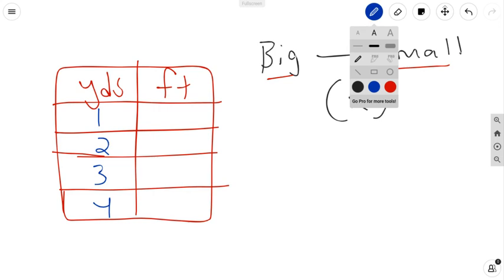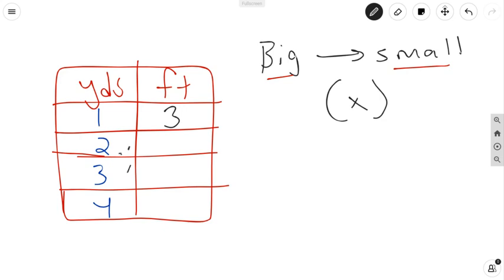Well, I'm not expecting you to know this, but I know that there are 3 feet in 1 yard. So that means I'm going to multiply each of these numbers by 3. 2 times 3 is 6. So I'm going from big to small. 3 times 3 is 9. I'm going from big to small. And 4 times 3 is 12. Right?